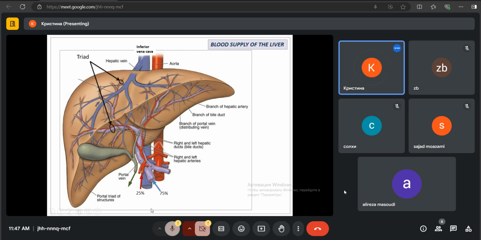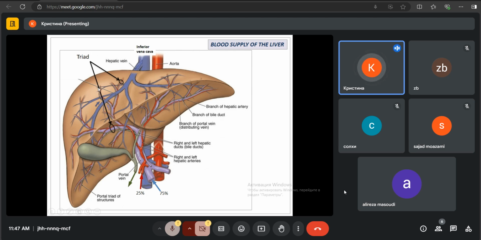So the vein and artery come into the liver, and then they go always together, accompanied with the bile ducts. So they always go in these three parts, and they called triad.